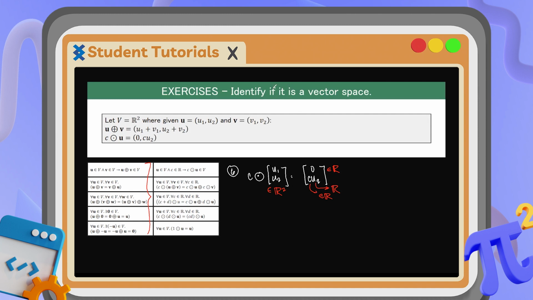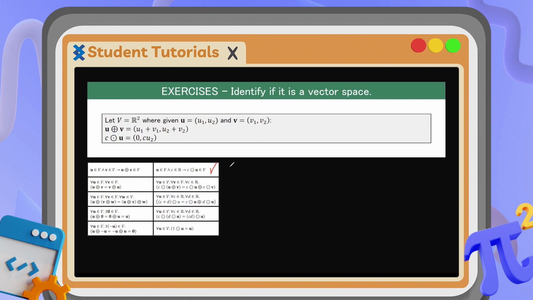Therefore, it satisfies the closure property of scalar multiplication, because each and every element is a real number, and all in all, this vector is part of the R2 space or set V, as mentioned over here. So it satisfies property number 6. So far, we have already satisfied the closure property of scalar multiplication.